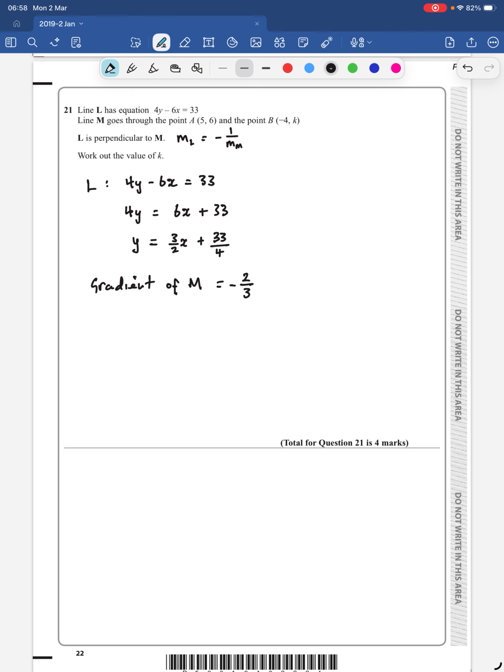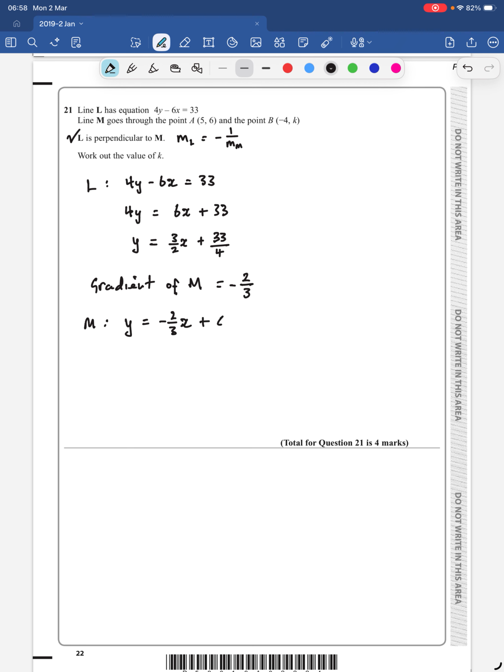So it's enough for me to state that the gradient of M is minus 2/3. And that's this fact here that I needed to know. So that means I can say that M is y equals minus 2/3 of x plus c.